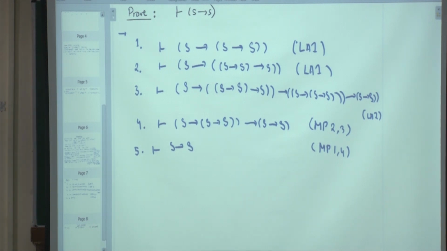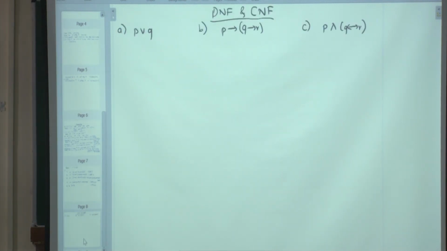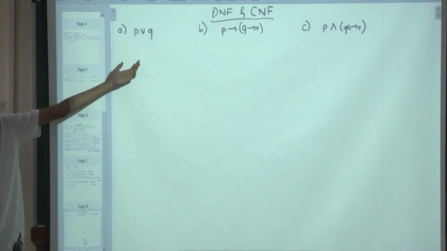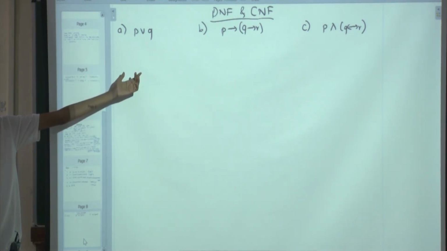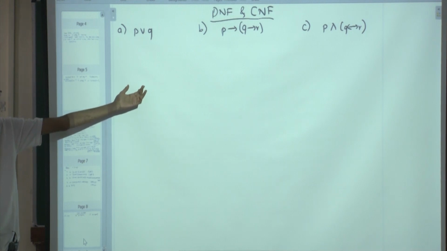Okay, our time is up, but there is one more question remaining, and let us do that quickly. After that, I will show you this screen again. What is the DNF corresponding to P disjunction Q? What is the CNF corresponding to P disjunction Q?